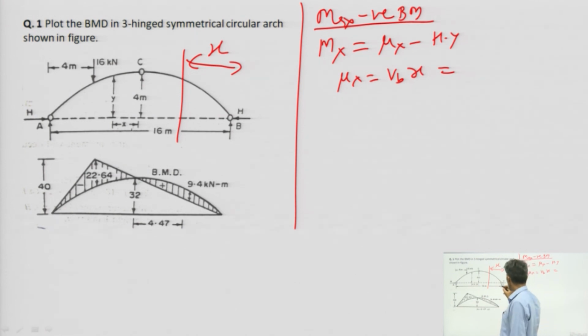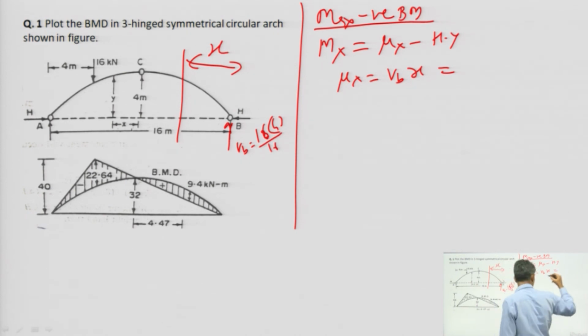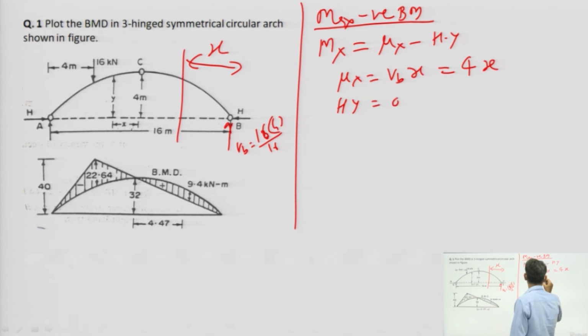VB is 12 into 16 into 4 divided by total length 16. So, VB is 4. Okay. So, 4 into x and h into y. So, h is 8, y is 4 h by L square into x into L minus x.